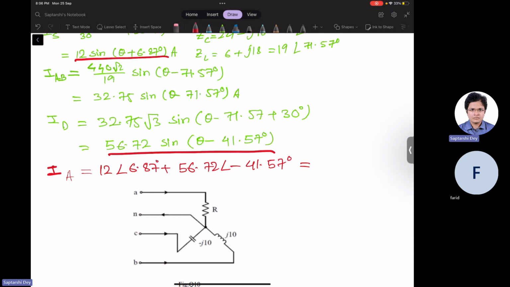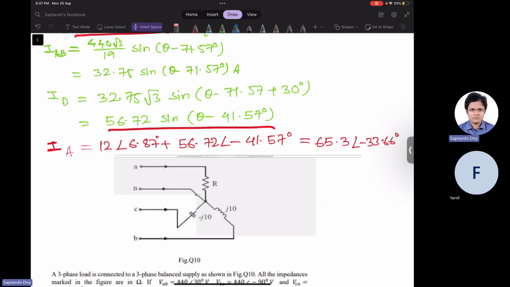I'll use the complex feature of my calculator, which gives me 65.3 angle minus 33.66 degree. So this is the line current.